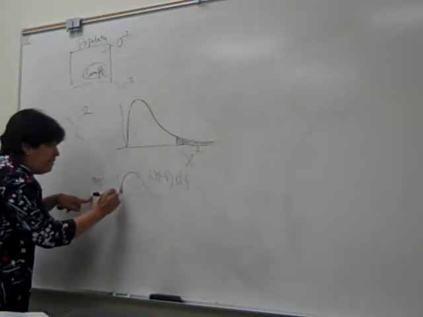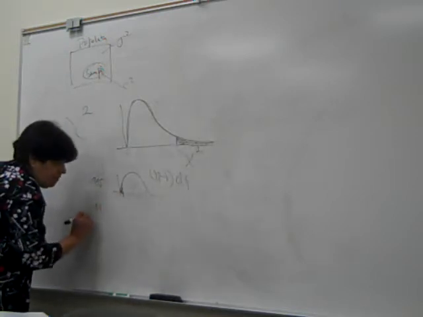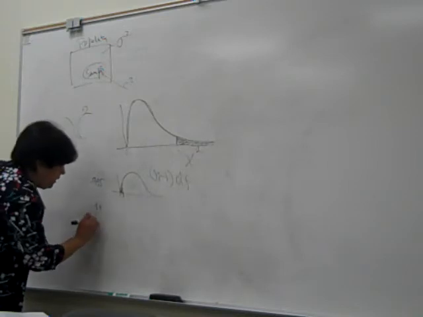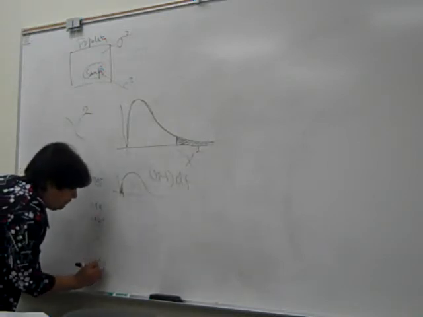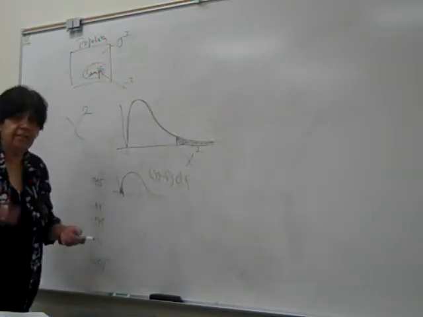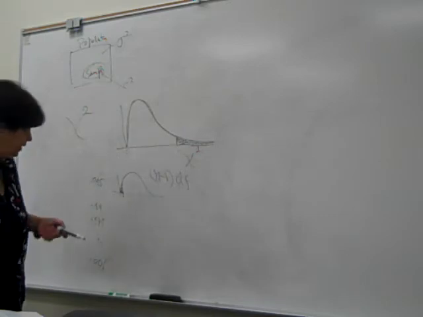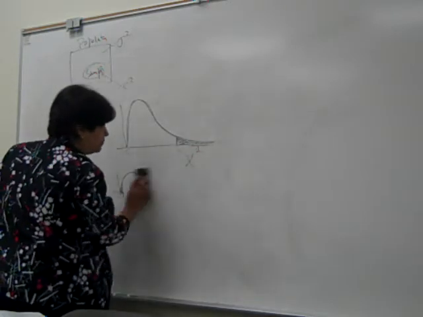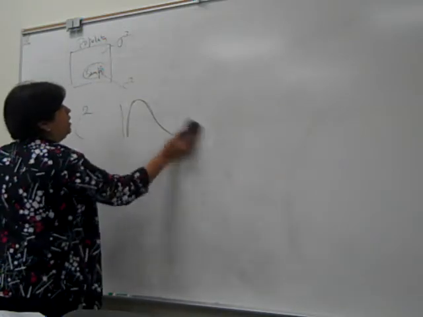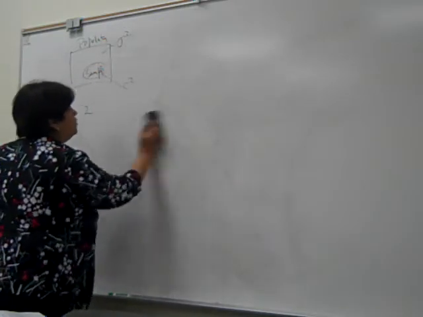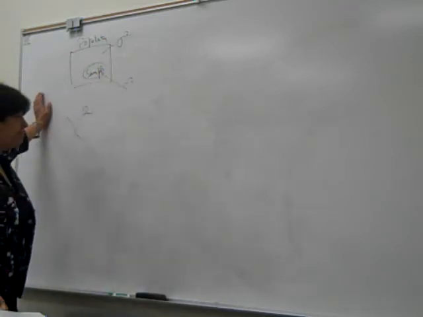This is the 0.995 number. We have the 0.99, we have the 0.975, and so on until the 0.005. Okay? It's very easy to read this table, and we're going to do it in just a moment. This is the distribution that we are going to use when we use one population variance.